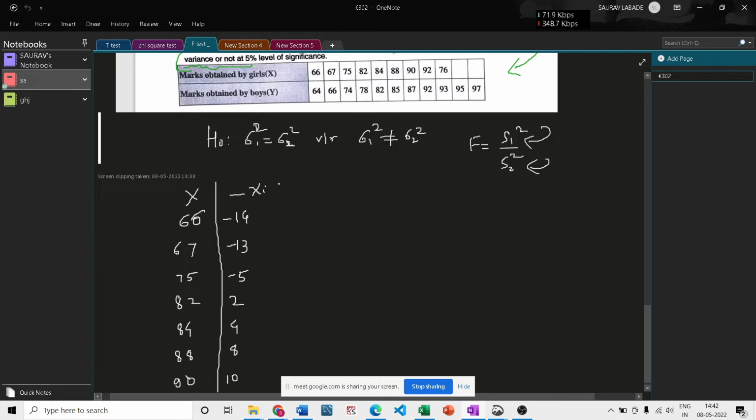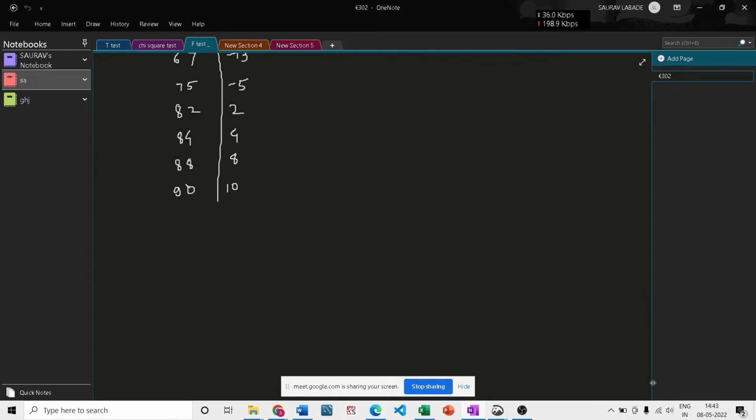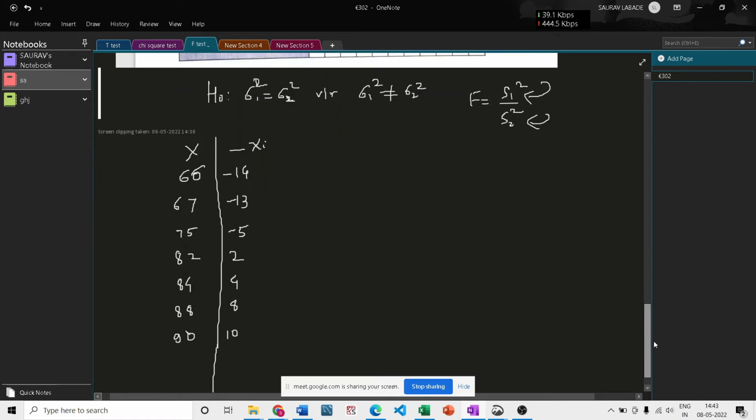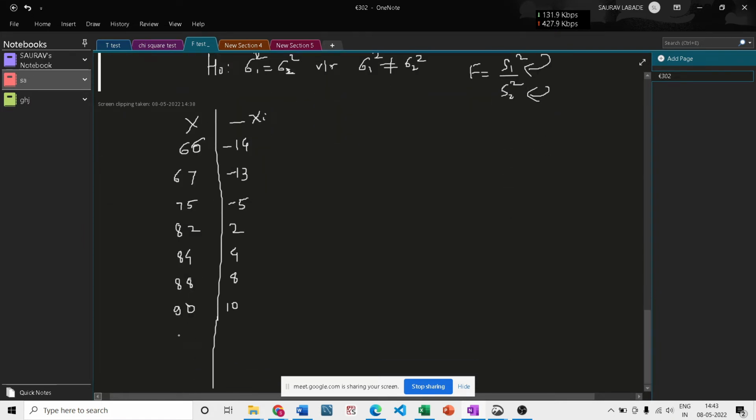Now, what is the formula of s1 square? How do you calculate minus xi?